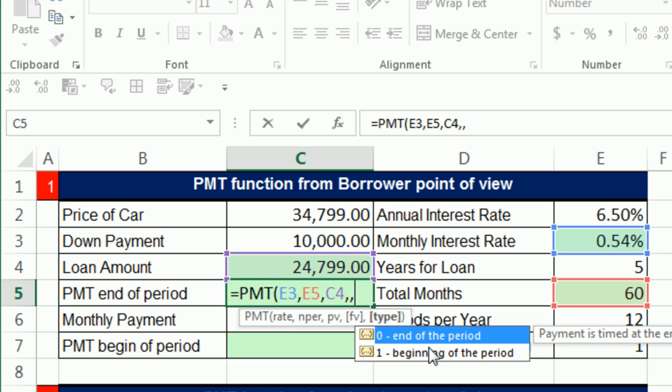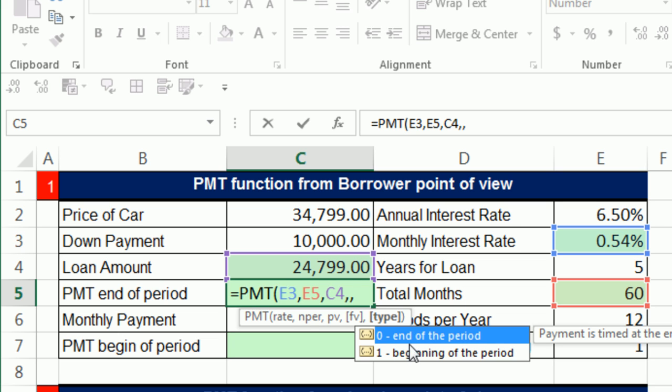So when you have periodic payments, meaning payments that are the same amount each period with the same time between each payment, most of the time it's at the end of the period. An example of a beginning-of-the-period payment is a lease. Now here's the deal. We can put the 0 in, but the default for payment is the end of the period because many loans and payments are at the end of the period.